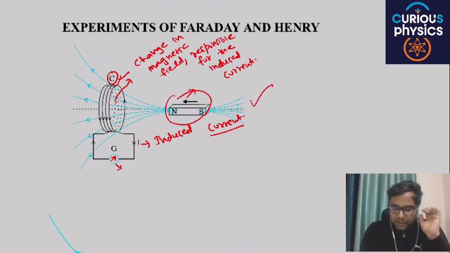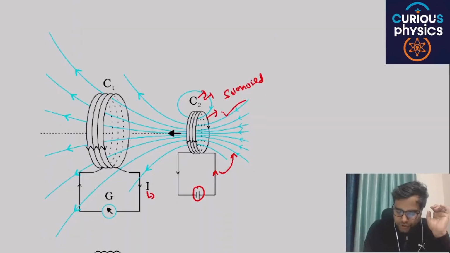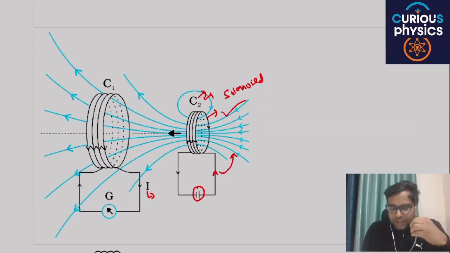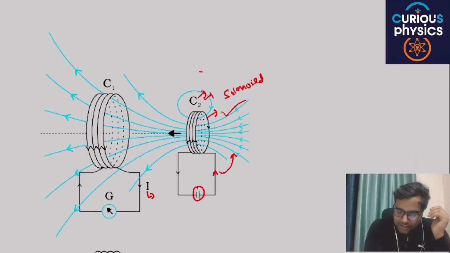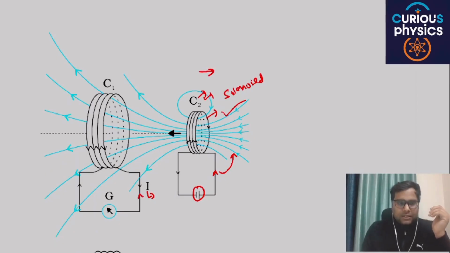of induced current will also change. In the first case, if you change the direction toward this direction, then the induced current will be in this direction. Here same, if you change the direction of motion of coil in this direction, then the induced current will also be in this direction.